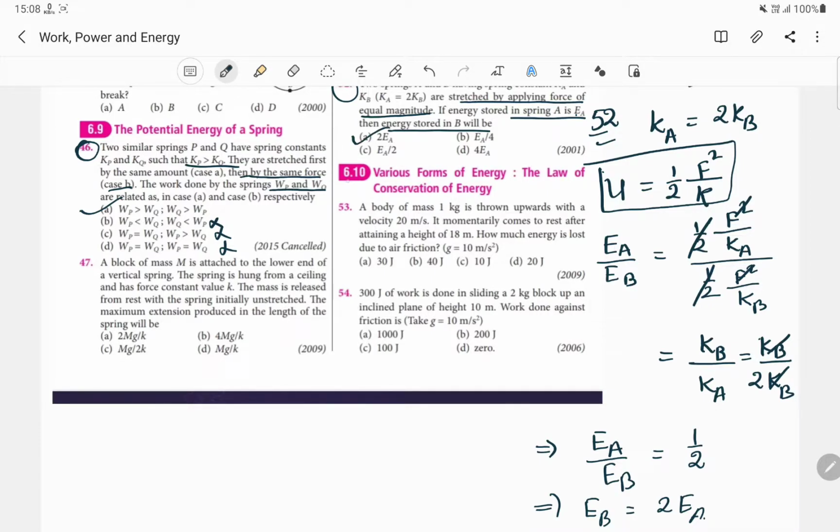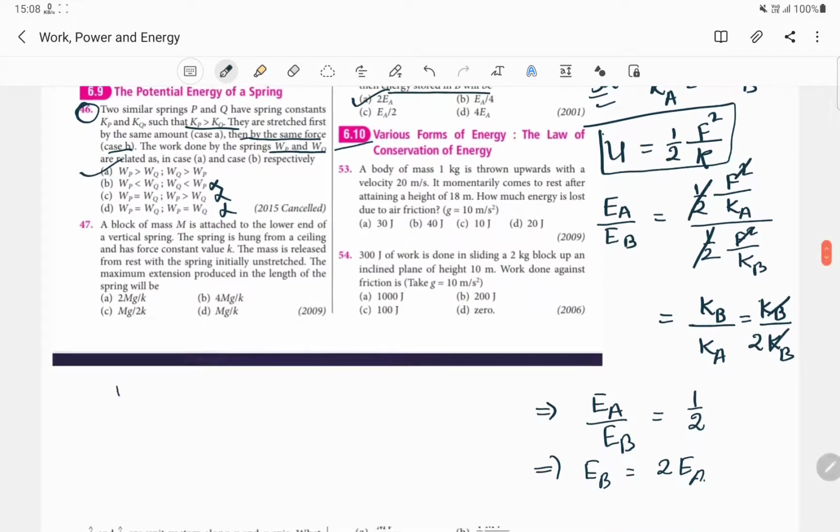Next, article 6.10 will be dealing with our last part, that is power. So far we have discussed work done by a constant force and work done by a variable force.